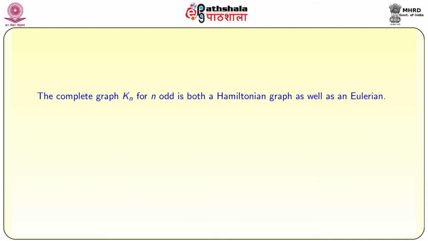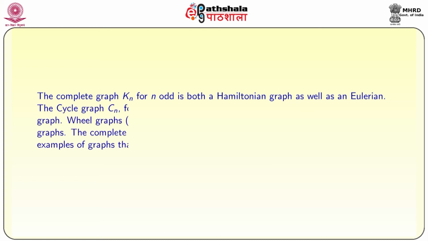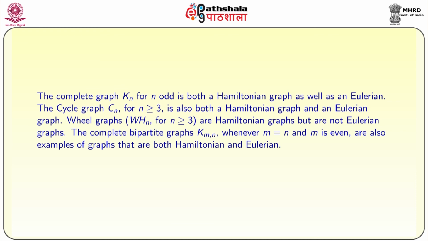The complete graph Kn for n odd is both a Hamiltonian graph as well as an Eulerian graph. The cycle graph Cn is also both Hamiltonian and Eulerian. The wheel graphs for n greater than or equal to 3 are Hamiltonian graphs but not Eulerian graphs.